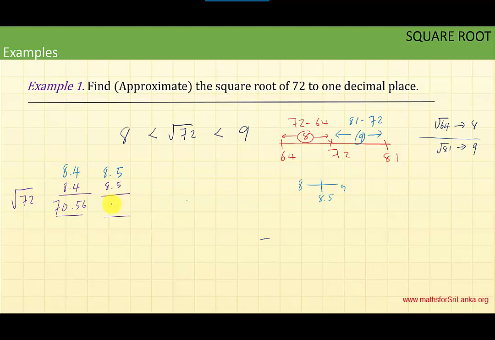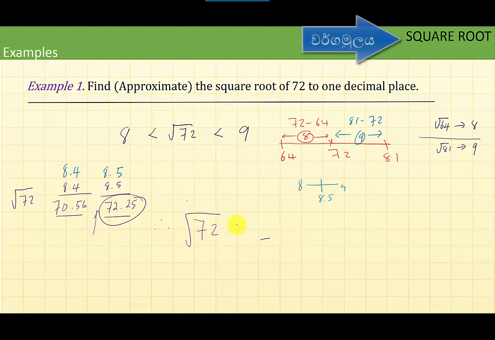And 8.5 times 8.5, I got 72.25. So really we don't need 8.3 because it will be less than this one. So already the square root of 72 is in between these two numbers, and clearly this one is closest to 72. Therefore the one decimal place approximation for the square root of 72 is going to be 8.5.